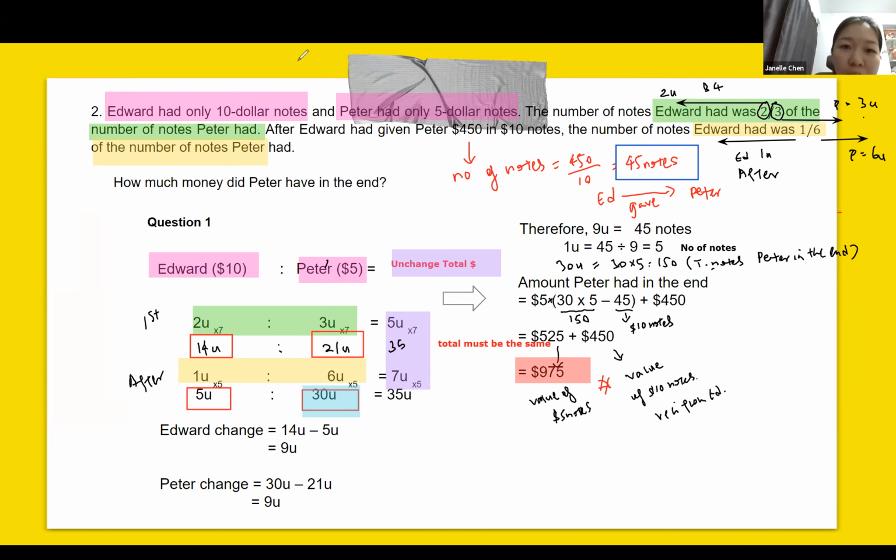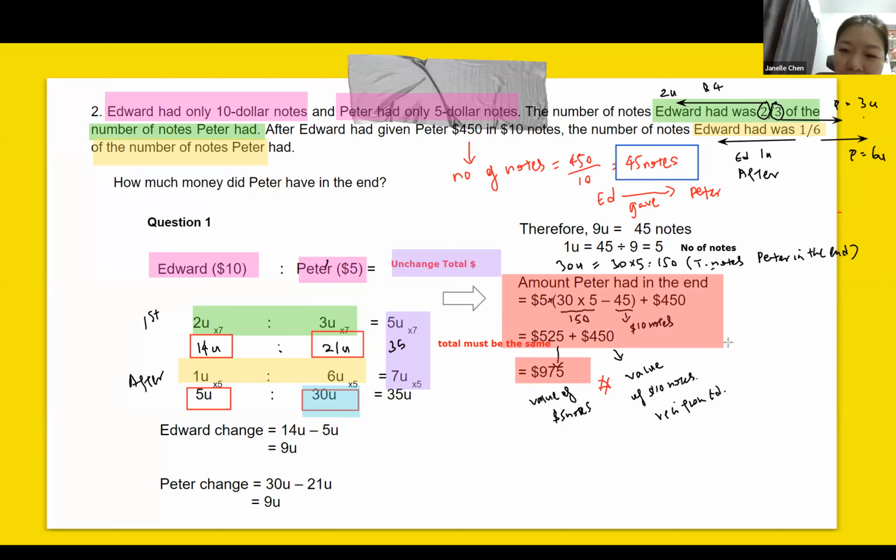The last trap that most students in AL1 and AL2 will fall into is this part here, whereby they forget that there are 2 different types of notes Peter had in the end. They will just take 150 notes, multiply by 10, or take 150 notes, multiply by 5, because Peter at first had $5 notes only.